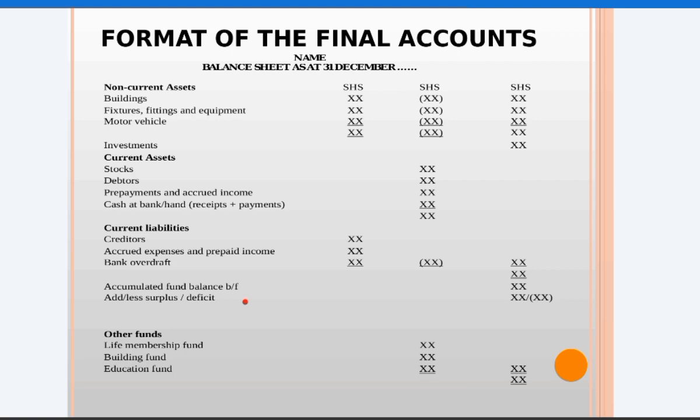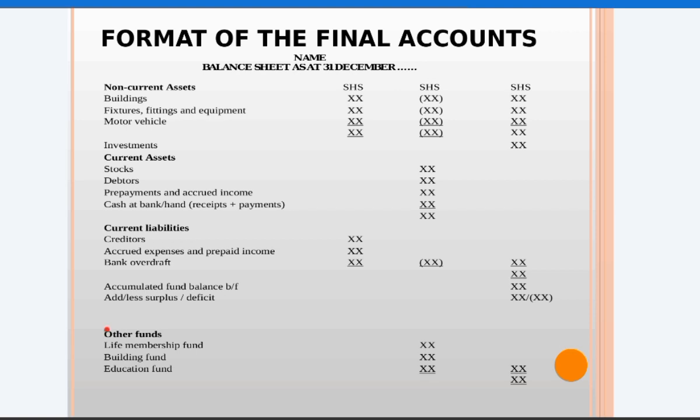And we said the accumulated fund could arise from contributions by the members, the donations they receive, or the income from investments. It is brought forward from the previous year, and then it will be increased by a surplus or reduced by a deficit.